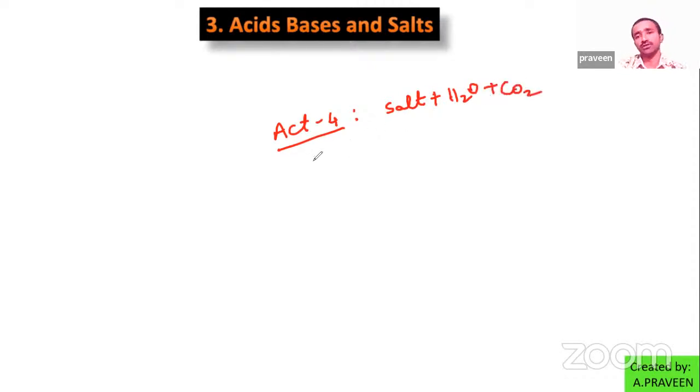It may be with the metal carbonate or with the metal hydrogen carbonate. In both, they produce two common products. The salt may change, but the two common products are water and carbon dioxide gas.